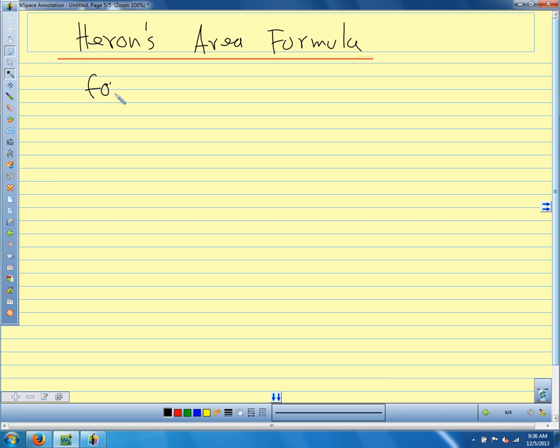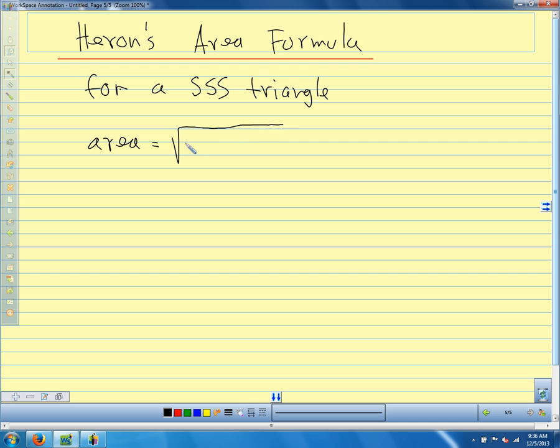So for a side-side-side triangle, the area equals the square root, and I'll tell you what S is in just a second, of S times S minus A times S minus B times S minus C, where S is A plus B plus C, the three sides of our triangle, divided by 2. And this is called the semi-perimeter.